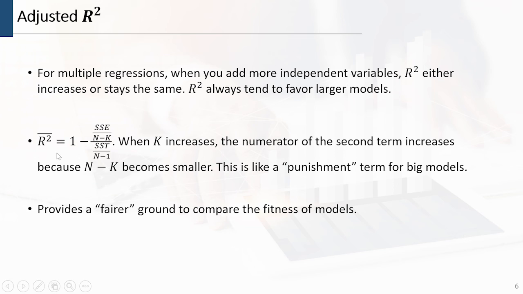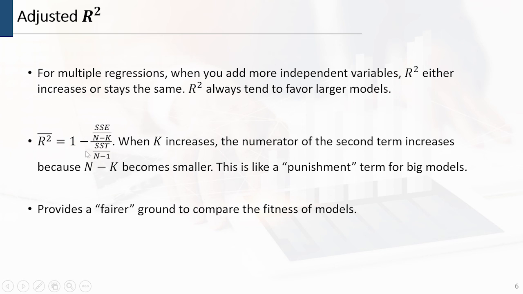The most important intuition here is that because when you have more variables in your model, R-square always tends to increase, in the adjusted R-square we introduce something like a punishment term such that when you have more variables in your model, you get more punished.